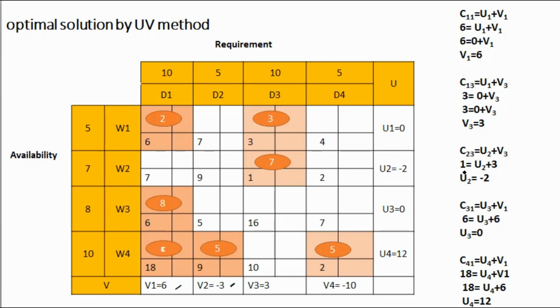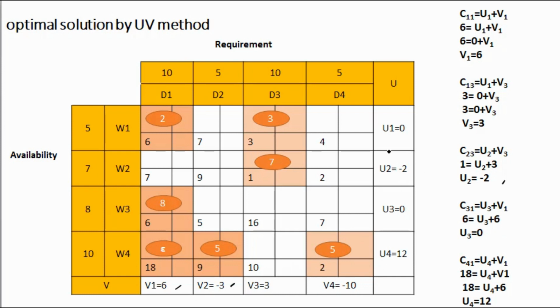Since C23 is equal to 1, which is u2 plus v3, and v3 we just calculated, when you substitute, you get u2 is equal to minus 2.